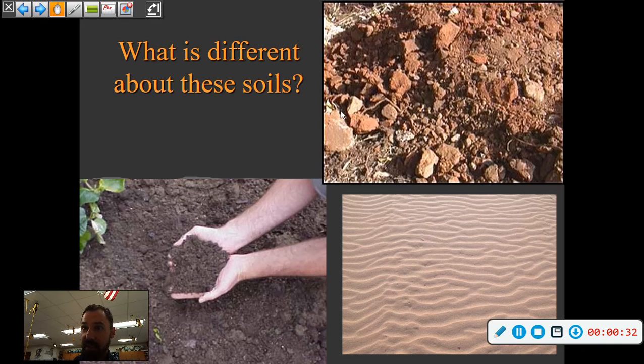The size of the sediment also. These are larger sediment in this one, these are a medium size, and these are the smallest sediment out of the group. But definitely what is present in them is going to be the key to the story here. So let's talk about how we get these very different types of soil.